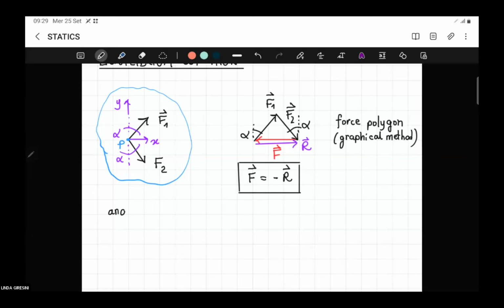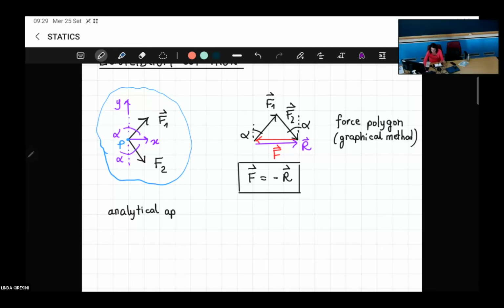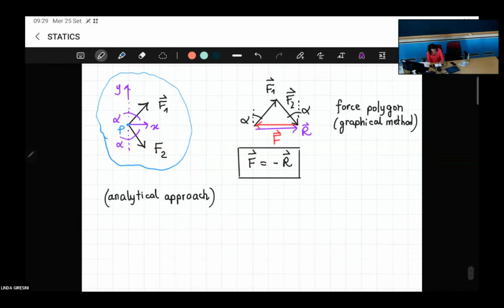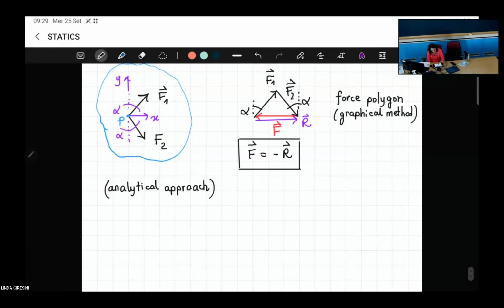The analytical approach, instead, can be obtained by applying two equilibrium conditions, because the system is a system of concurrent forces.